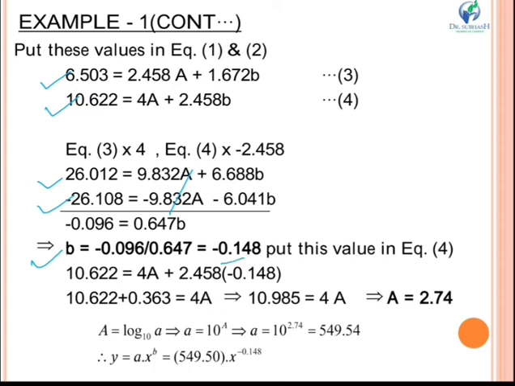Now I have to put this value in either equation 3 or equation 4. I am putting here in equation 4. I get 10.622 equal to 4a plus 2.458 into minus 0.148. On simplifying this equation, we get capital A equal to 2.74.